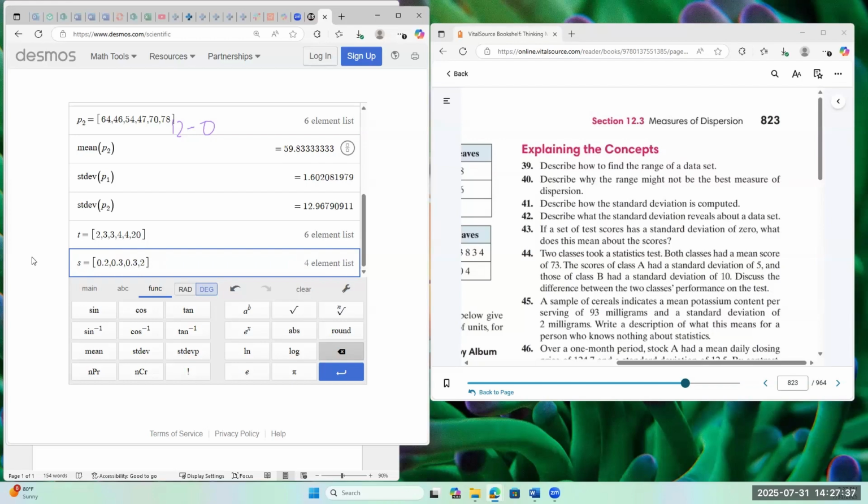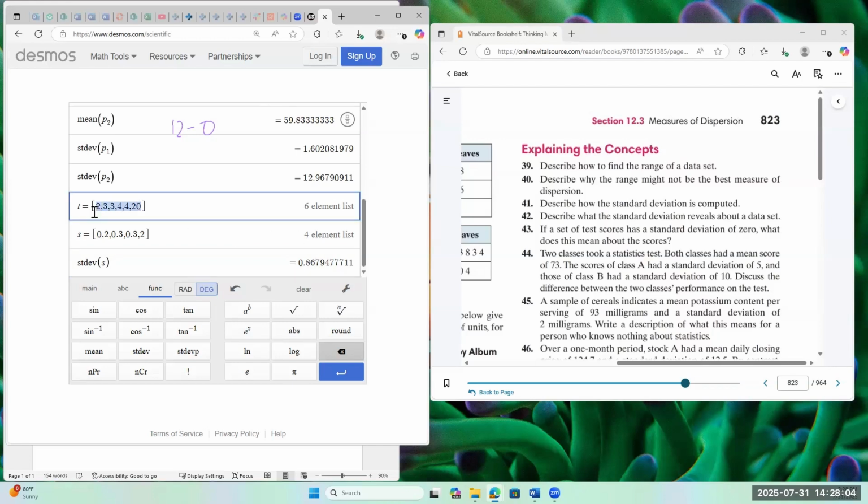So you can see here that the range now is only 1.8, whereas in data set T, it's 18. But in terms of the standard deviation compared to the values, the deviation is very similar.